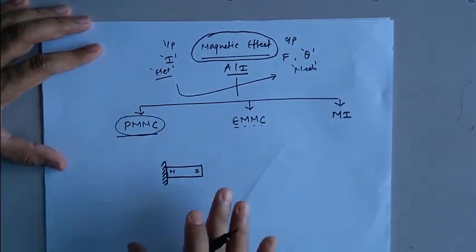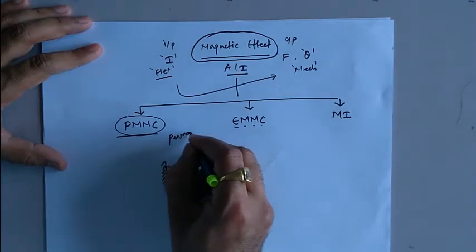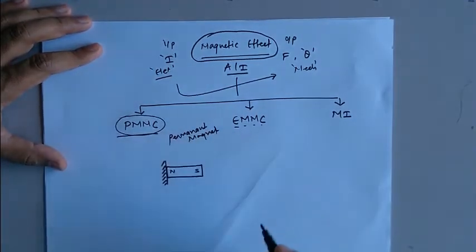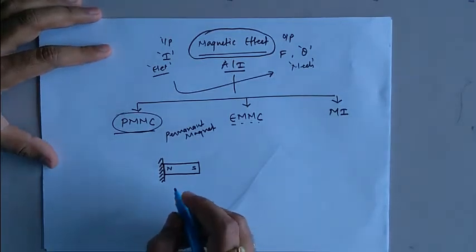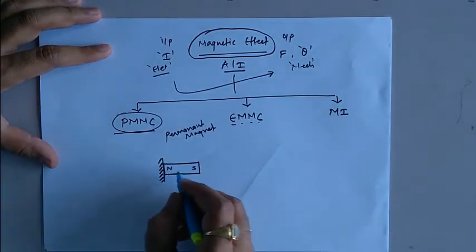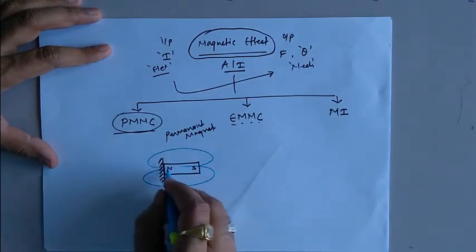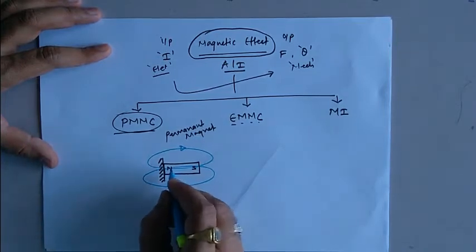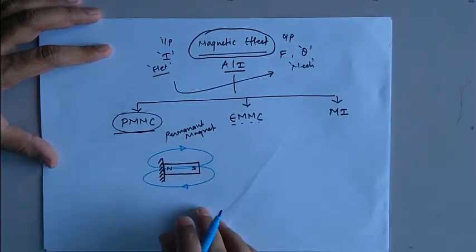That means it is not going to change its position. So this indicates the permanent magnet, and we know that this magnet is capable to produce its own magnetic field externally in the direction from north pole to south pole like this, and internally the direction of magnetic field is from south pole to north pole.